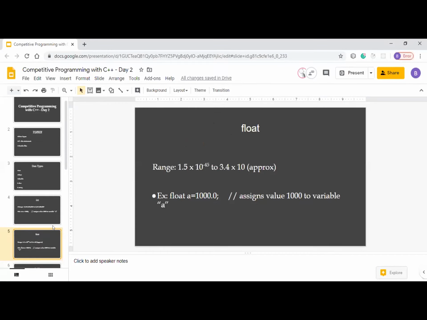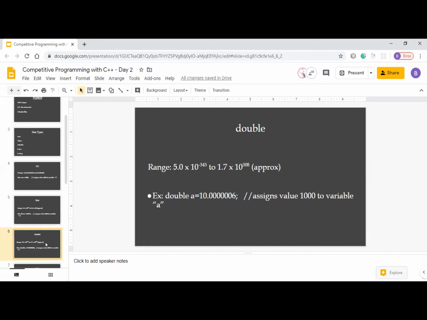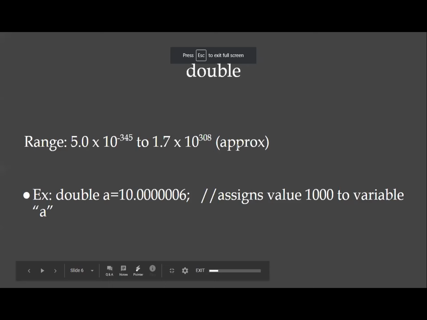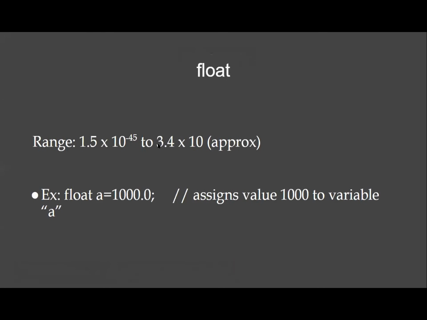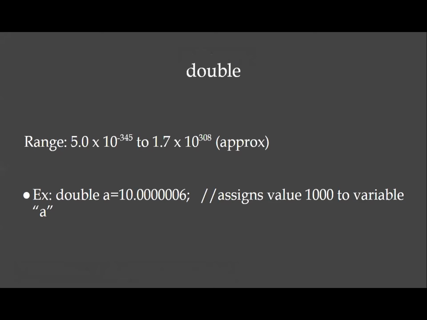So we have the next data type, which is double. In double, you see it has more precision than float. It has almost double the precision, I believe. In the previous one we had only 10 raised to minus 45. In this one we have 10 raised to minus 300-something. That's a really huge difference when it comes to precision.